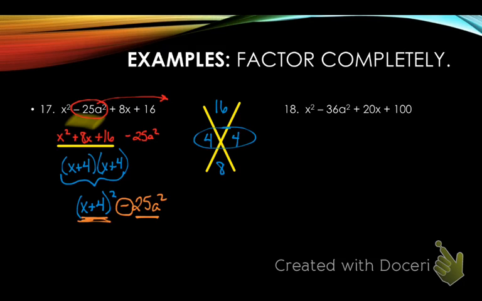So what I'm going to have here is, in a parenthesis, x plus 4 minus 5a times x plus 4 plus 5a. Okay, all I did was just rewrite the x plus 4.